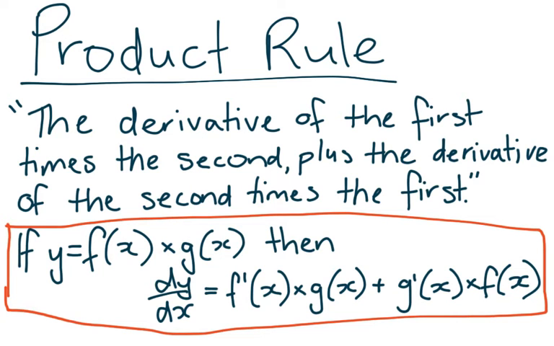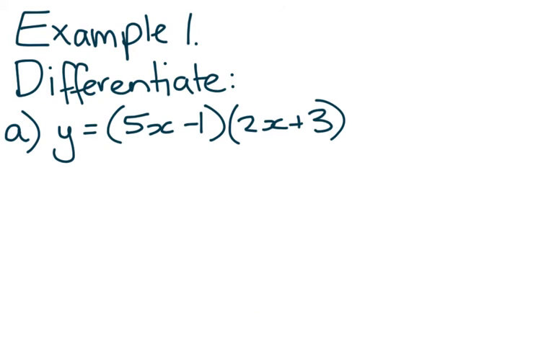So we'll do a couple of examples now. You can see here we've got y equals 5x take 1 times 2x plus 3. So they mean multiply because there's two brackets. So the product rule is the derivative of the first times the second. So what we'll do first is we'll write down dy by dx equals, so the derivative of the first, so the first function is 5x take 1.